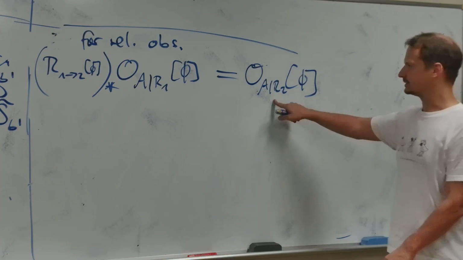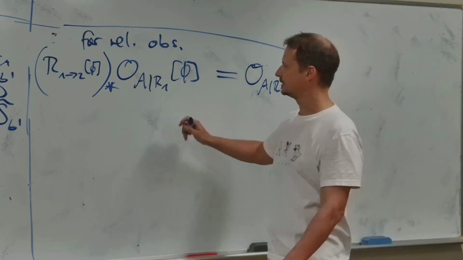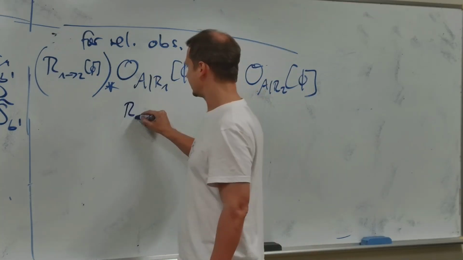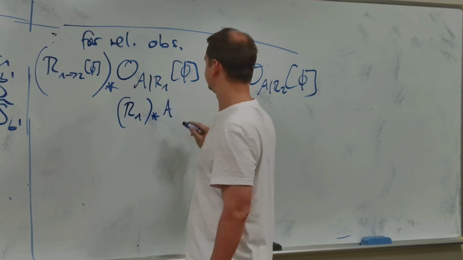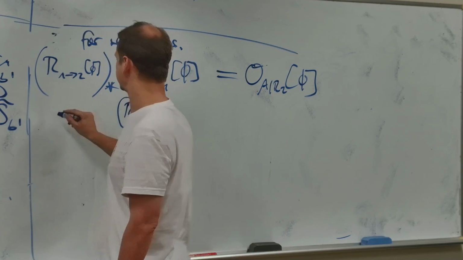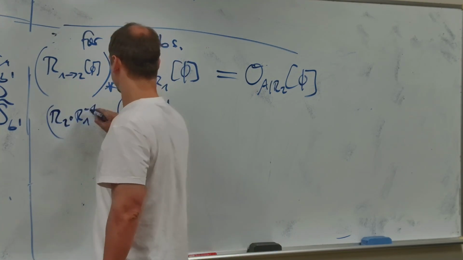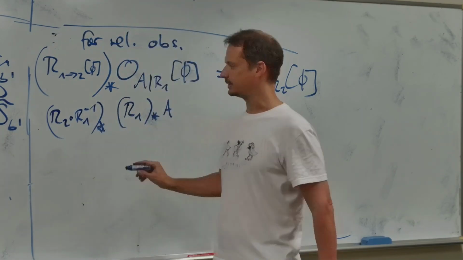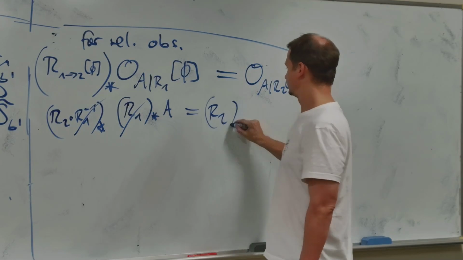But is that clear? Here you're just using that this is R1 by A. And this here, if you look at the definition, this is R2, R1 inverse, right? So then you see, so this is R2.